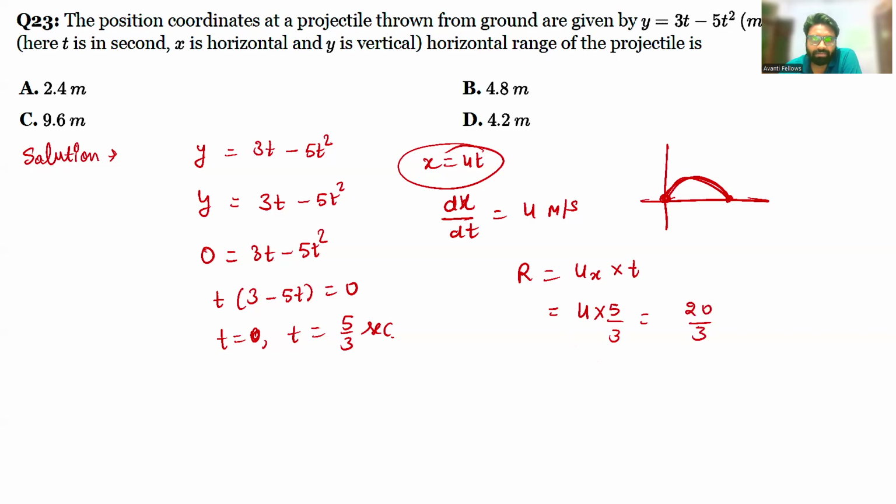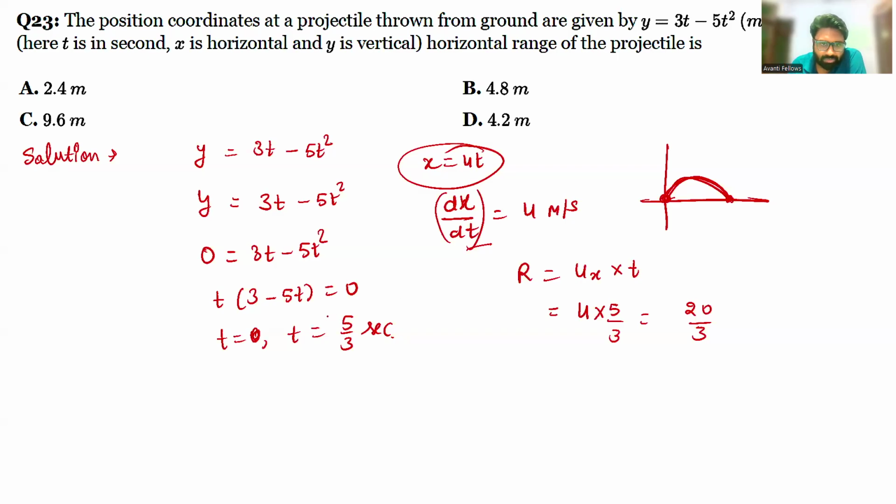This will be the range of the projectile because the velocity in x direction is 4 meter per second and the time taken by the projectile to again reach the lowest point is 5 by 3 seconds.